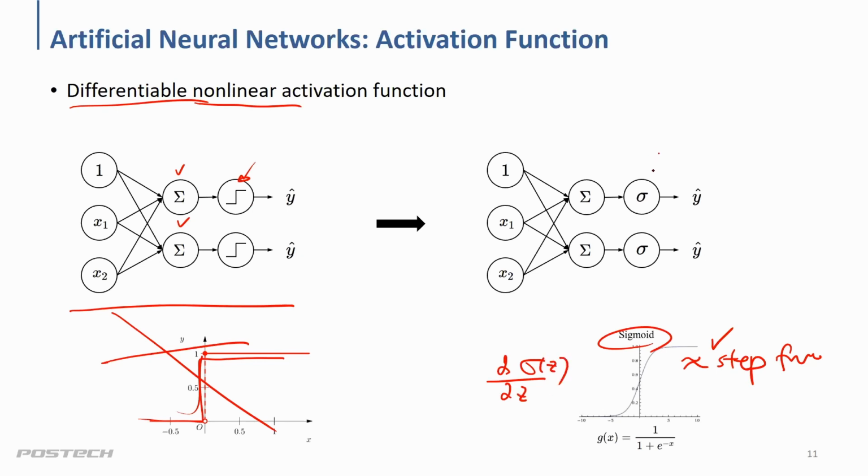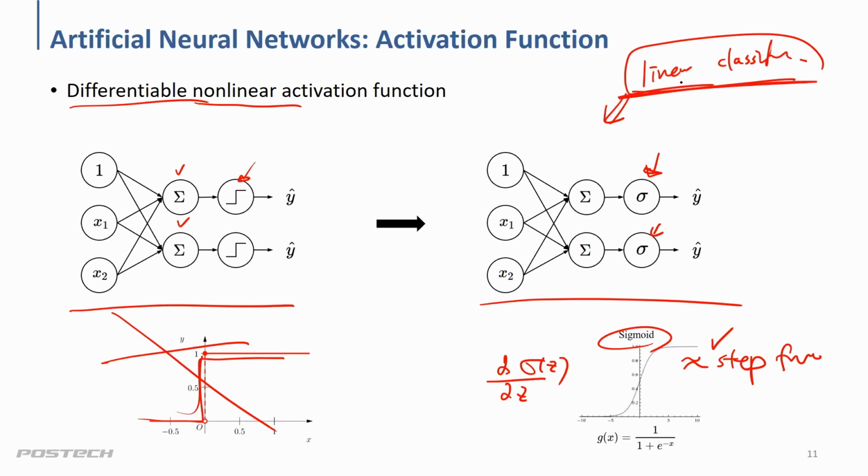So the only thing is that I just changed these into sigmoid functions. And one thing that I want to mention here is that even though we have nonlinear activation functions, in this case sigmoid functions, this still represents a linear classifier, because the linearity, the boundaries, come from the weights over here, not from this side.